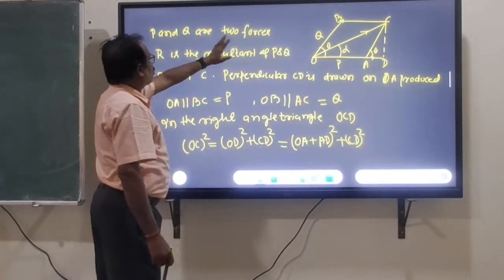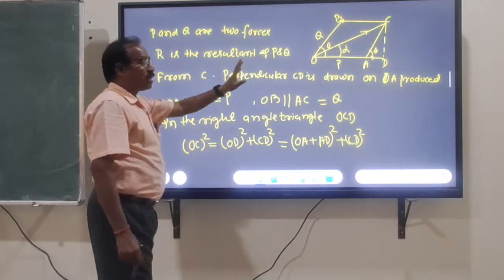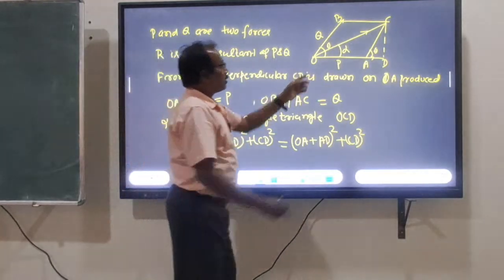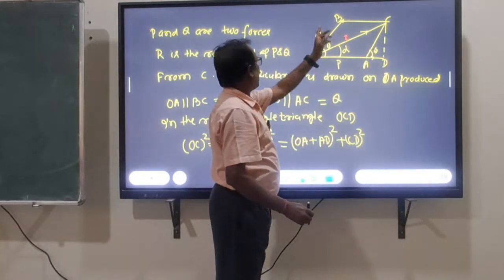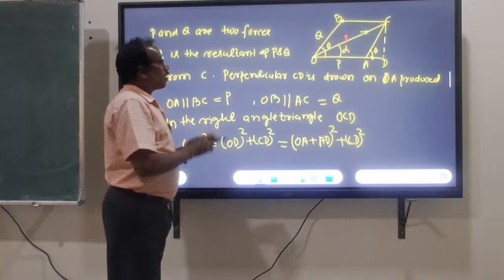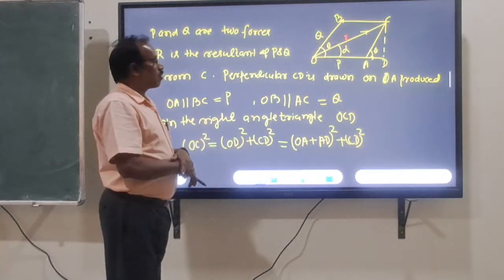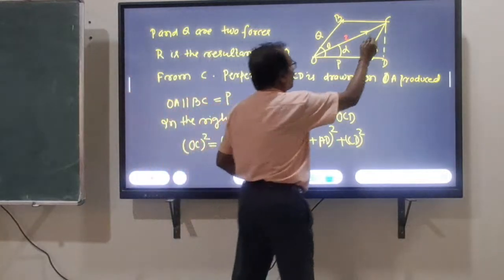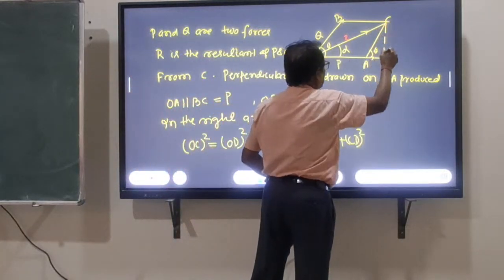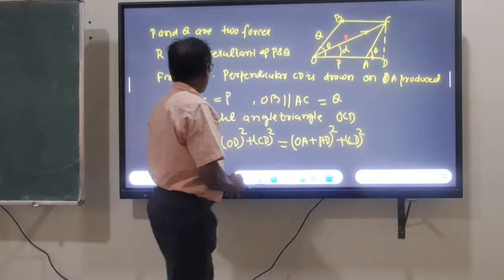P and Q are two forces. R is the resultant of P and Q. From C, draw a perpendicular CD to OA produced.